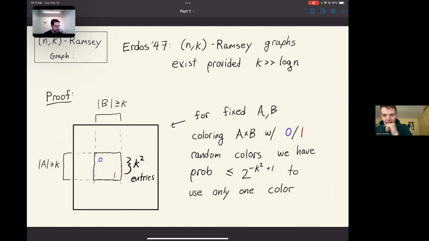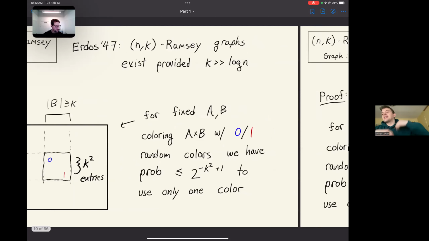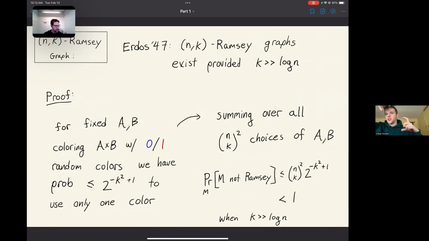So the probability for a fixed A and B is exponential in negative k squared. And then the probability that there exists a set of rows and columns A and B, I could just take a union bound. I can sum over all possible choices of A and B, and there's almost like n to the k squared of them, right? Because there's n choose k choices of A and n choose k for B.